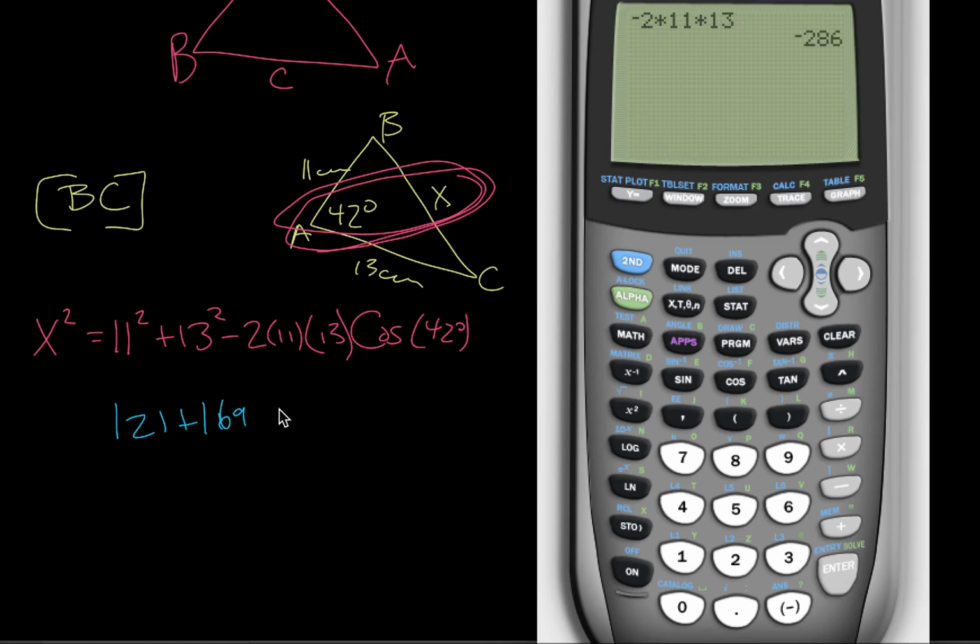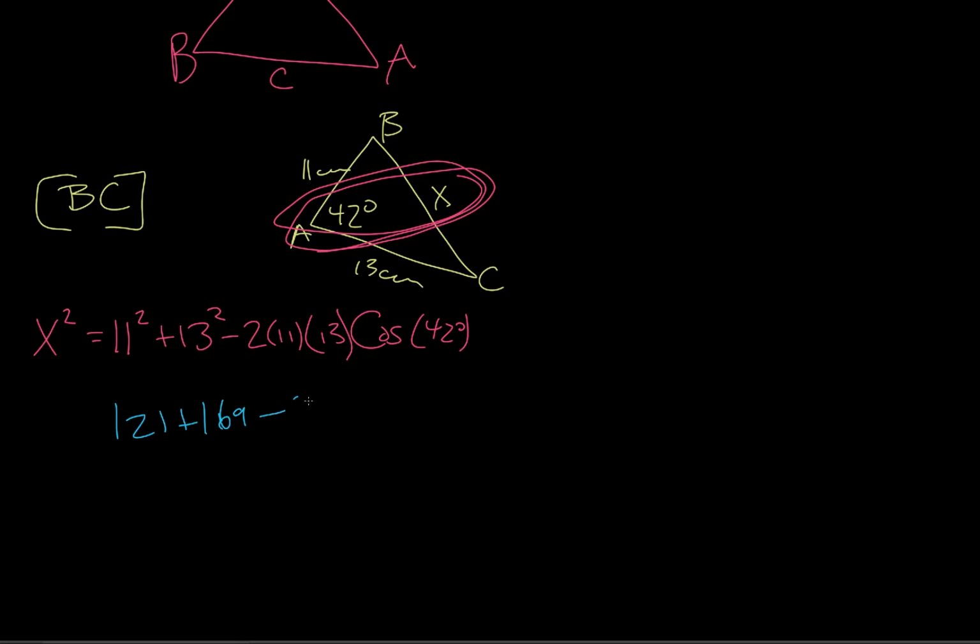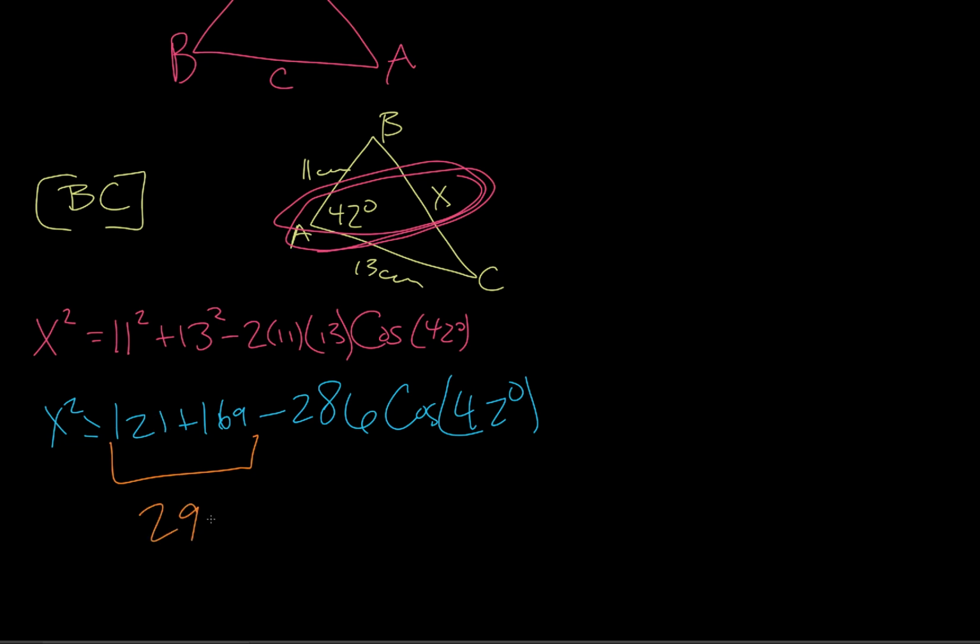Okay, so negative 286. Is that what it was? Yeah, 286. Then we still have our cosine 42. And that's still equal to x squared. Alright, now I'm going to just combine these two. So we're going to get 290 minus 286 cosine 42 is equal to x squared.